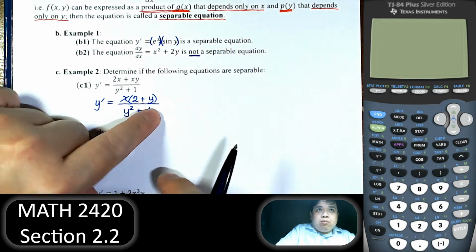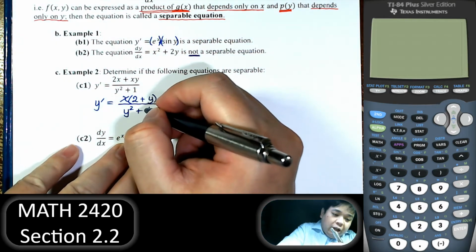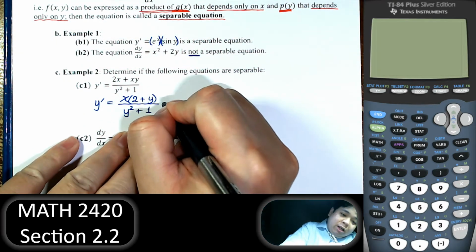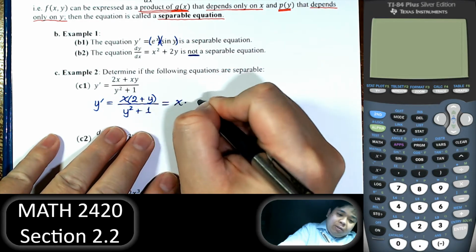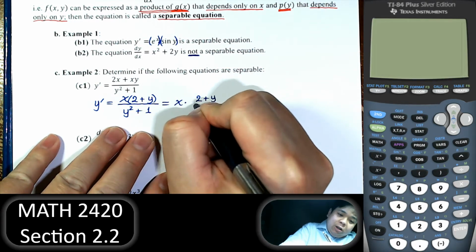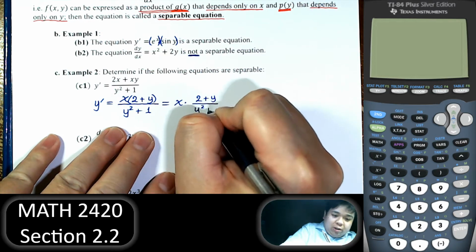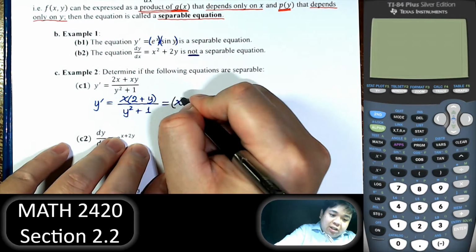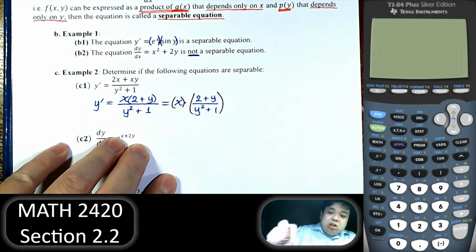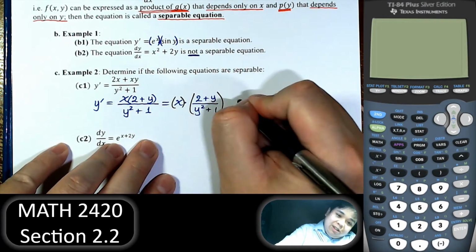Now we have x times (2 plus y) over (y squared plus 1). We have a function of x times a function of y. So yes, this is separable.